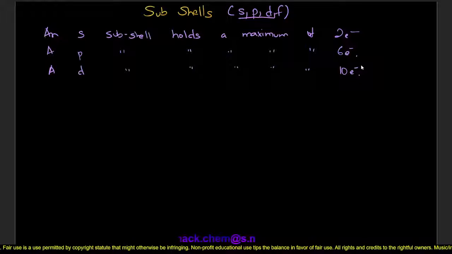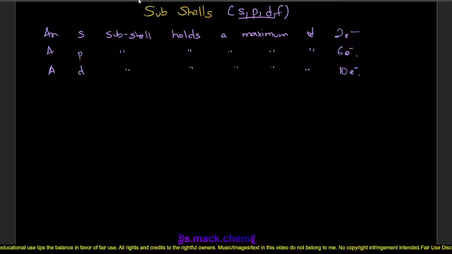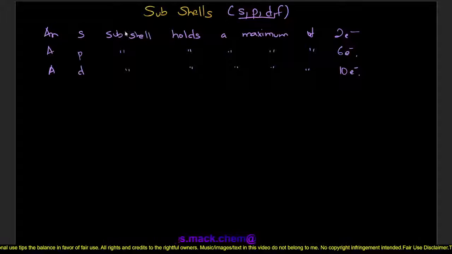Right, so given this information, which is the maximum number of electrons that a shell may hold, a subshell may hold, we can look at the arrangement of electrons in a shell in terms of subshells. So I'm going to draw a table.